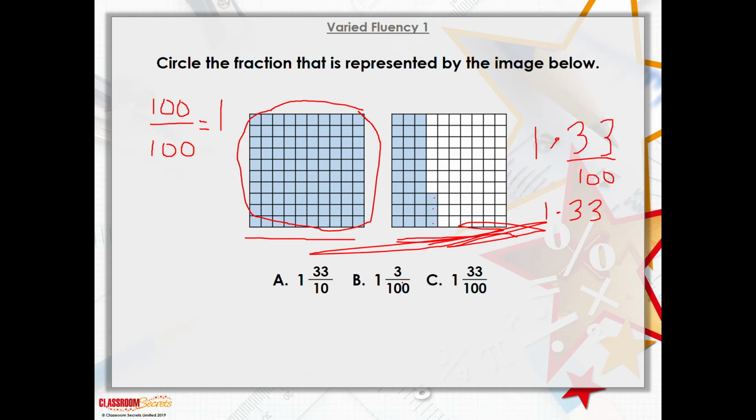So if I circle, I look down, I've got 1 3/10, which is wrong. 1 3/100 or 1 33/100. I should be circling the answer to C just here. Right, let's have a look at our next question.